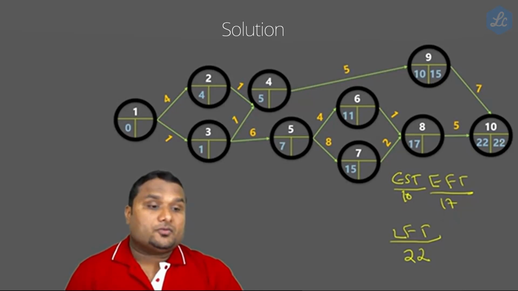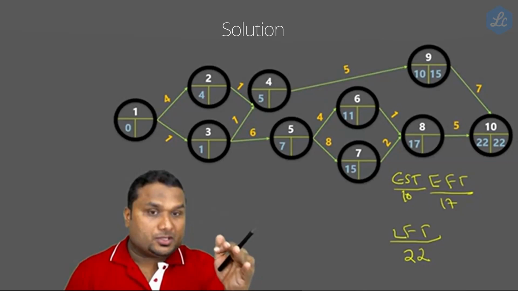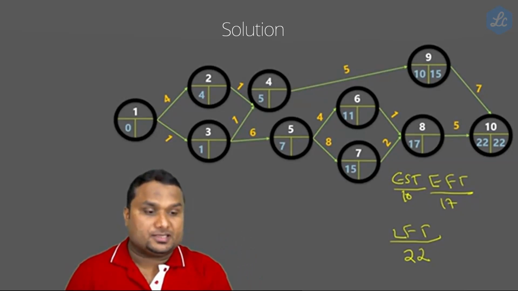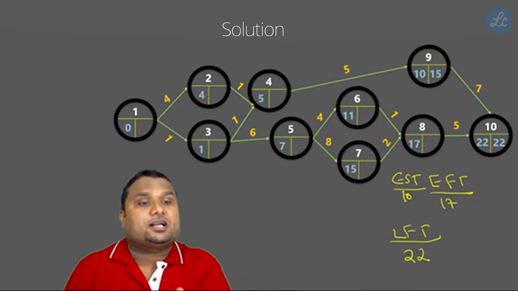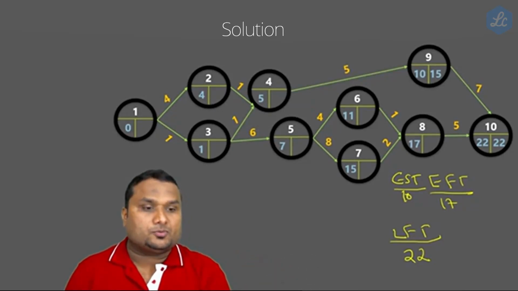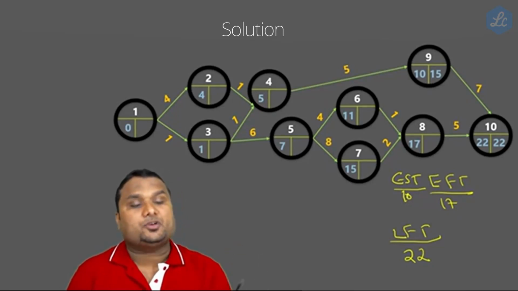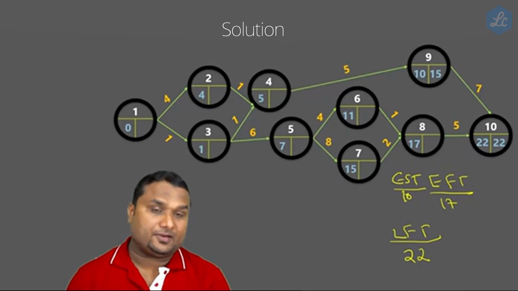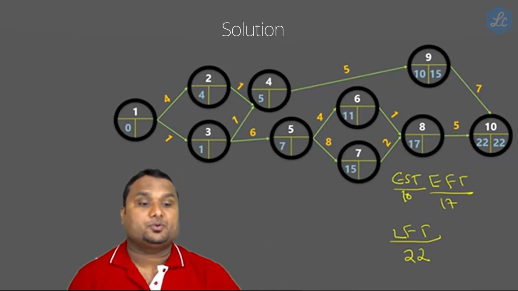Now, like I told you, you are supposed to reach your home at 6 p.m. and the distance from your office to home is half an hour. At what time do you have to start your journey? 6 minus half an hour is 5:30. You are supposed to start then.